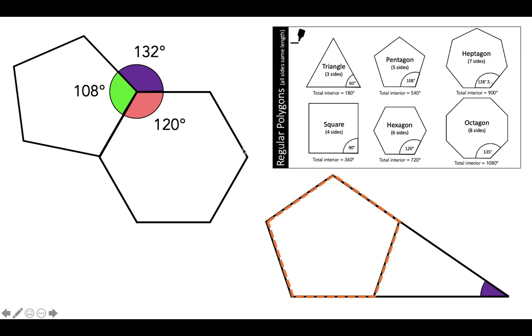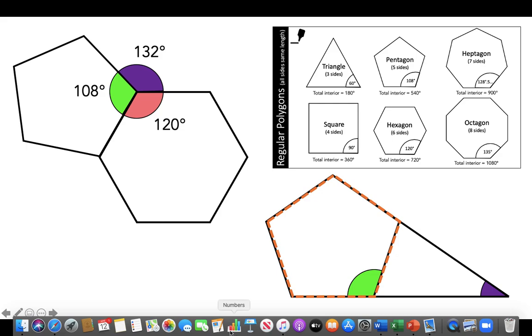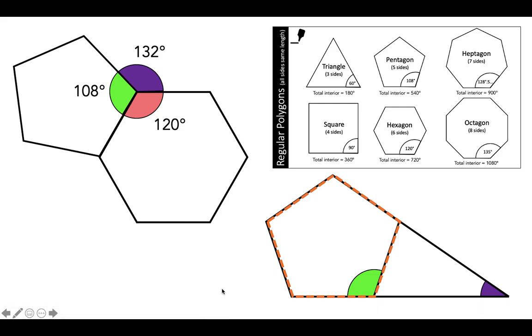If we have a look at this question here, I've highlighted the pentagon, which means that this angle needs to be 108. This angle here also needs to be 108. The pink angle that I've just marked in and the green angle add up to 180 degrees. They make a straight line.